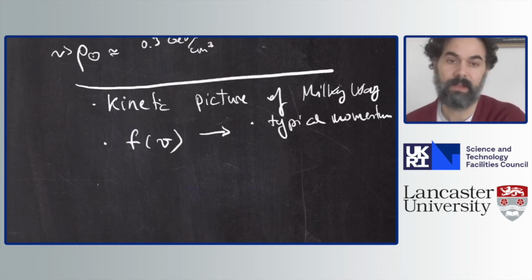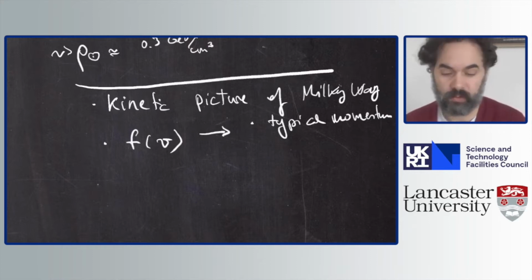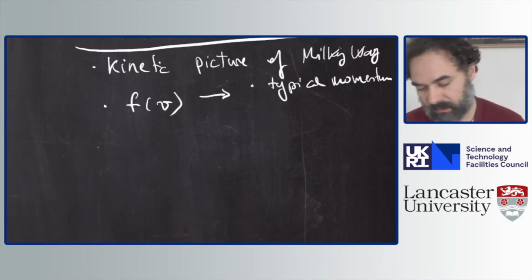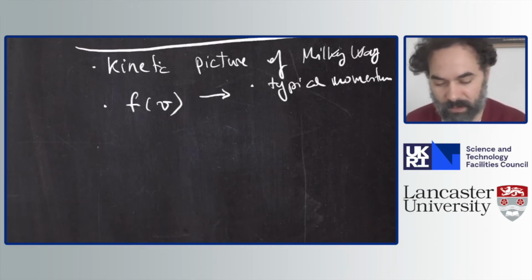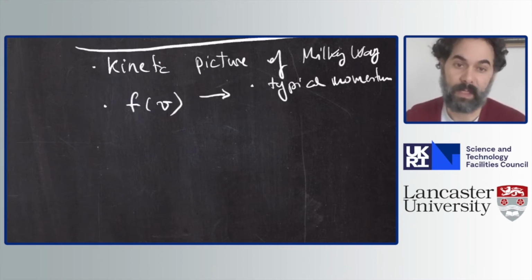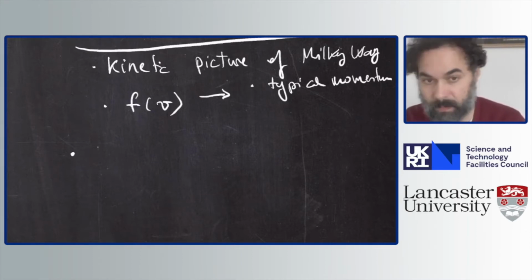Well, in principle, the most reliable way to do it is to do simulations of dark matter halos. And this is not something we can do with my iPad, so we're going to try to do something a bit more analytical. So remember that we know something about these halos.